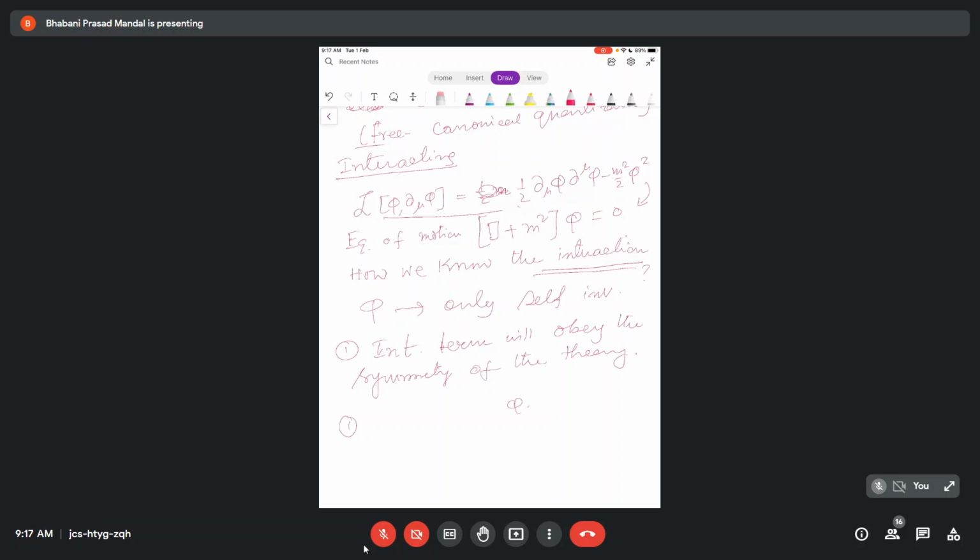Translational means phi going to phi plus a? Yes, sir. Then the mass term will change, right? Oh, yes, master. Rotational will be there, no? But rotational, of course, will be there. But what about Lorentz symmetry? Now you people know this. I told you, no? Yes, it is a Lorentz scalar. So Lorentz symmetry will be there.